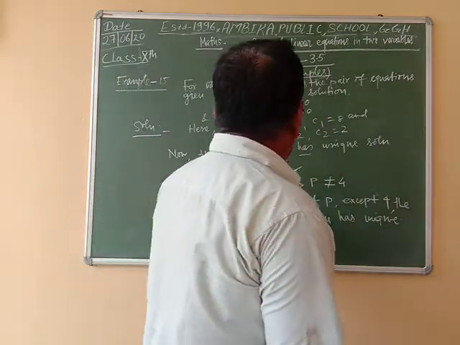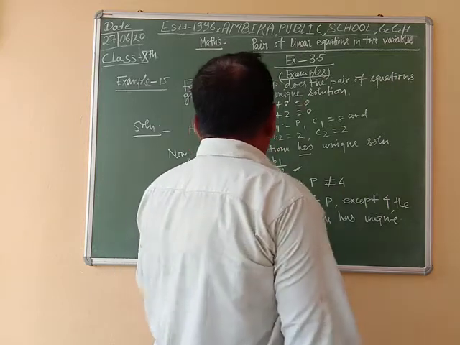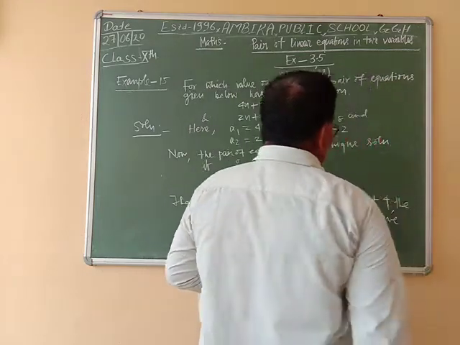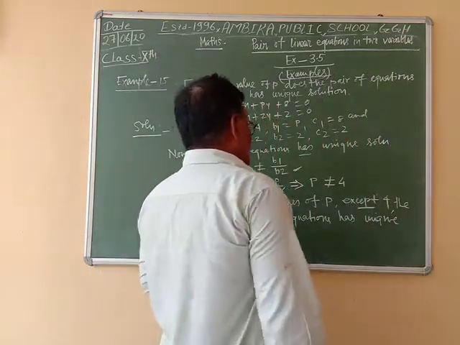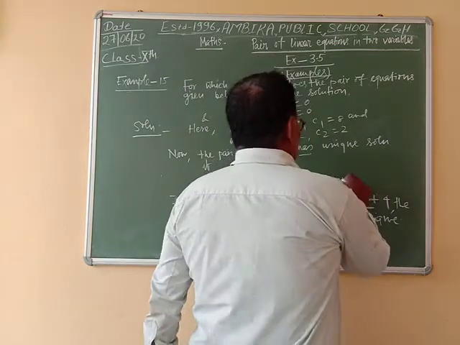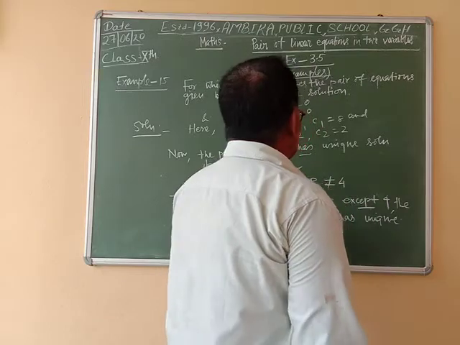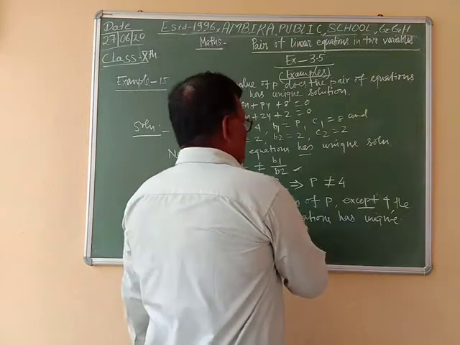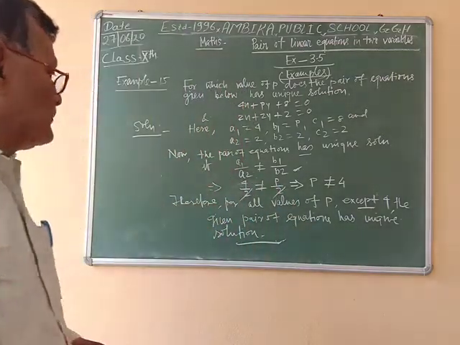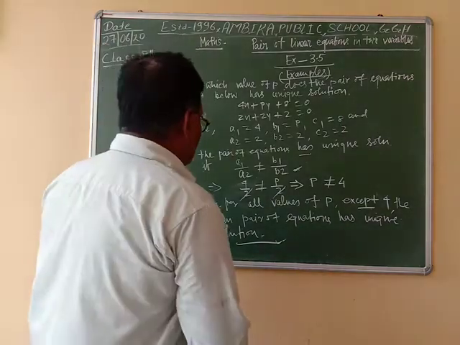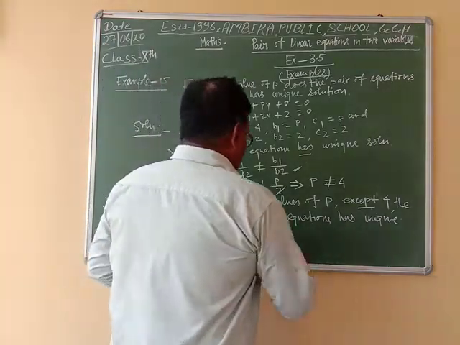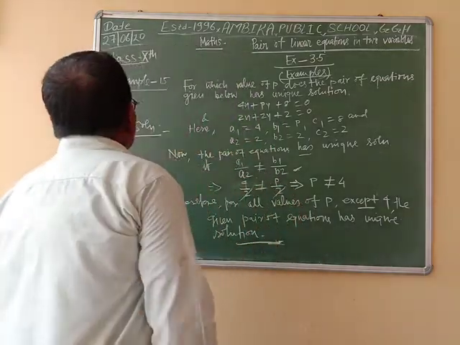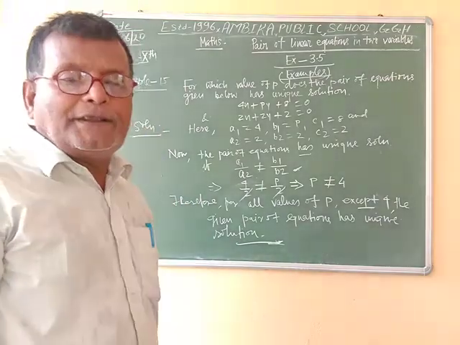Therefore for all values of p except 4, because p is not equal to 4, the given pair of equations has unique solution. This is the solution of problem number example 15.